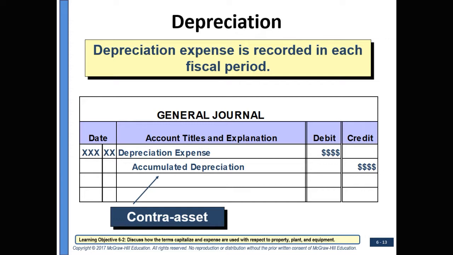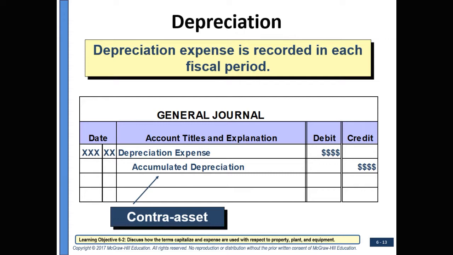The amount that is calculated for the depreciation for that period is debited to the depreciation expense. This shows up on the income statement. We then post to a contra asset account, accumulated depreciation, the same amount, to show that much of the original cost of the asset has been apportioned to the income statements.